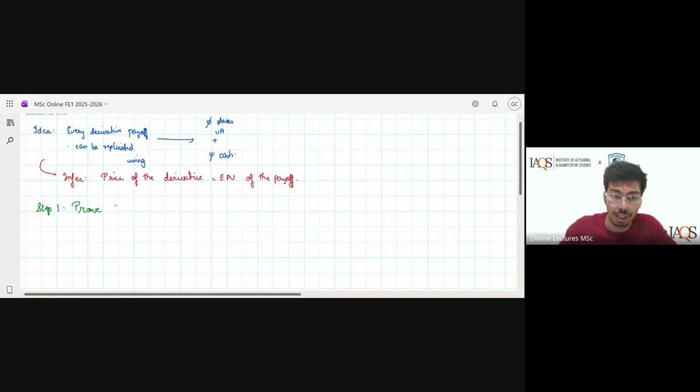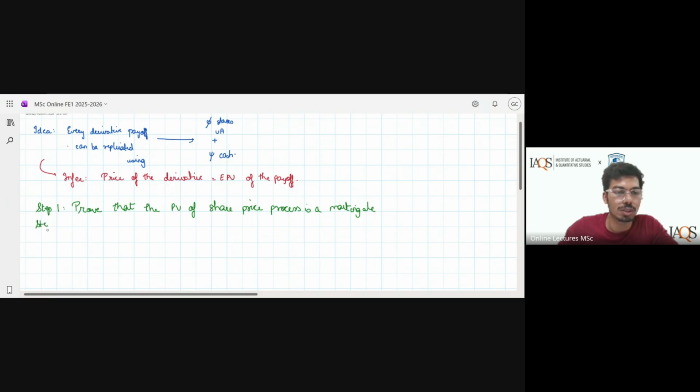You may not understand it right now, but when we do each step, we'll get into them. Step 1 is prove that the present value of the share price process is a martingale.